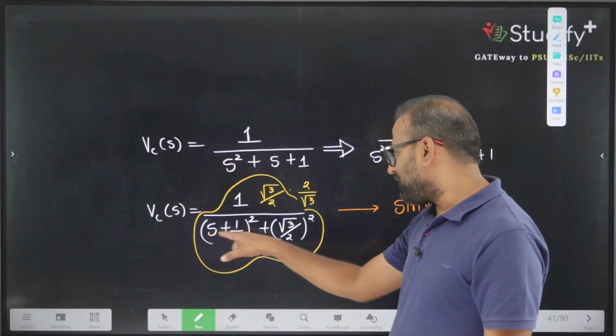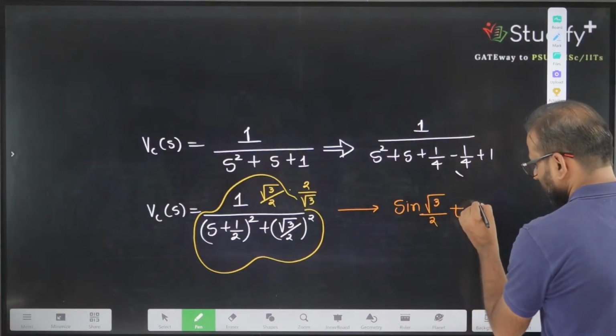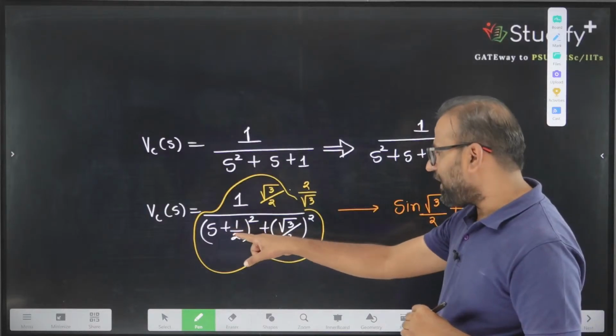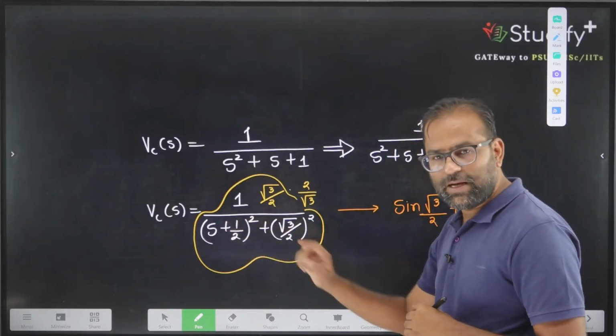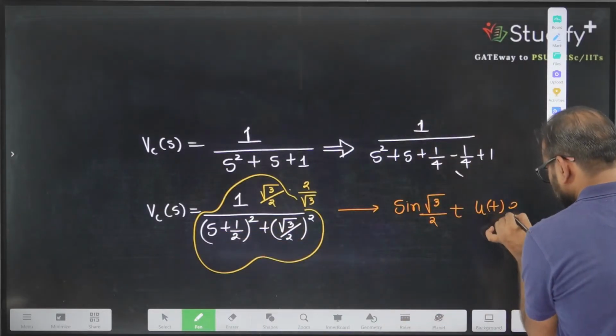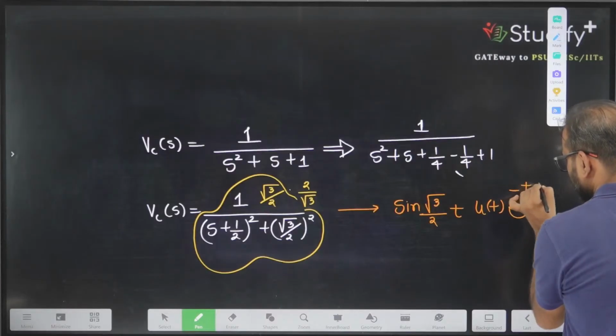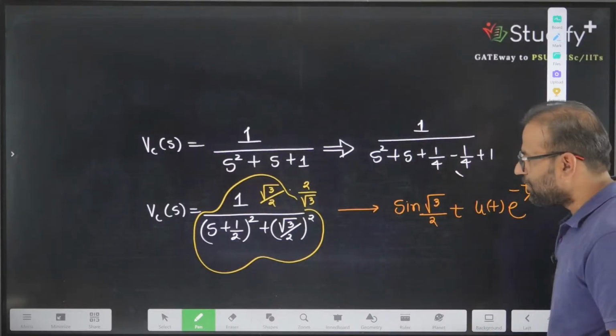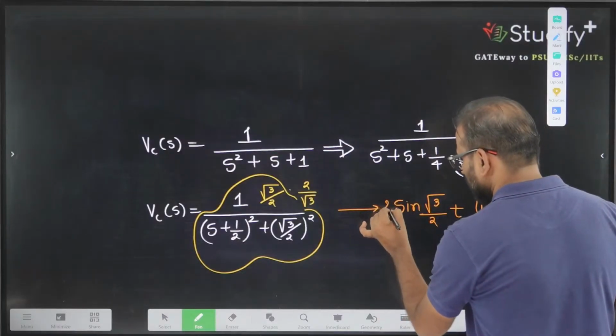Now this is shifted, multiplied by u of t. We have the shift of S plus 1/2, which can be written as e to the power minus t by 2. Correct? And the magnitude is 2 by under root of 3.